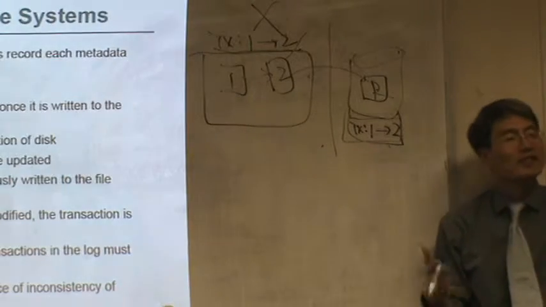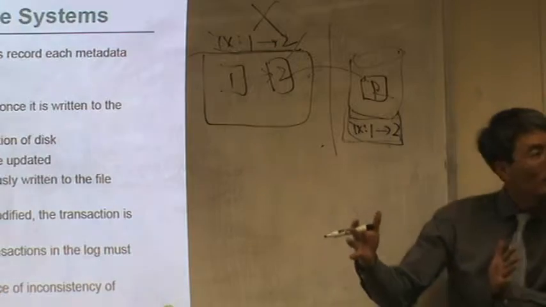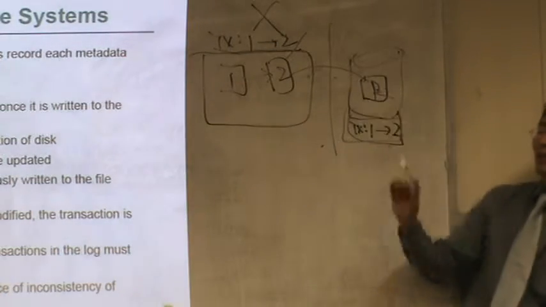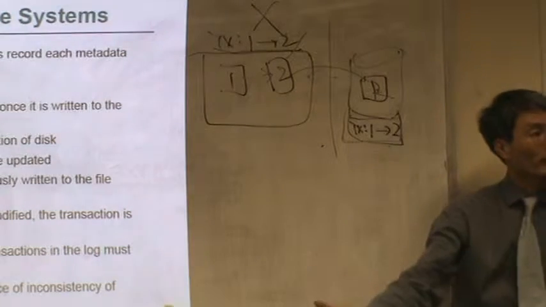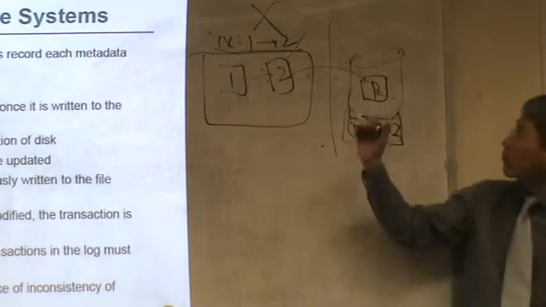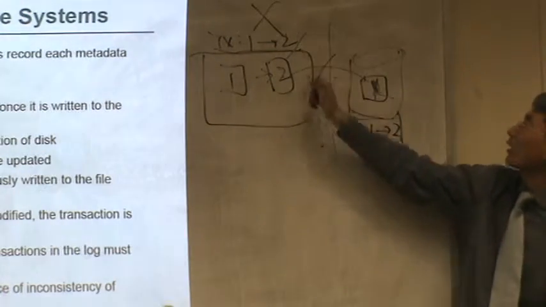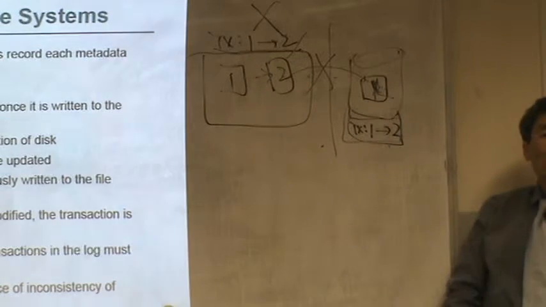When the system is not very busy, it has the resource at that time, it can write. It's called the deferred write or delayed write. Okay, but the problem is before writing it's updated, the system is crashing. Still 1.